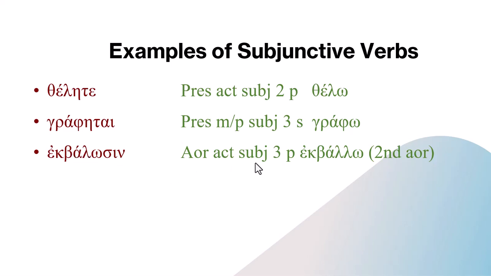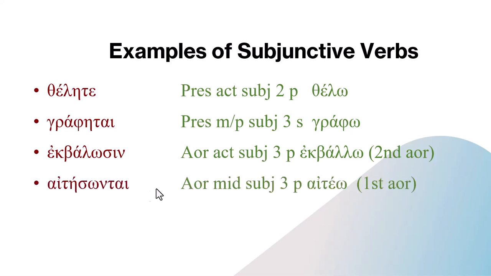It's an aorist active subjunctive, third plural from ekbalo. With a hina clause, it would be something like, in order that they cast out. Here we have aitesontai. This is a middle subjunctive, and it comes from aiteo, to ask, something along the lines of, they may ask.